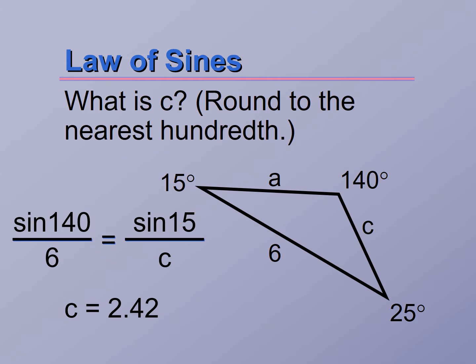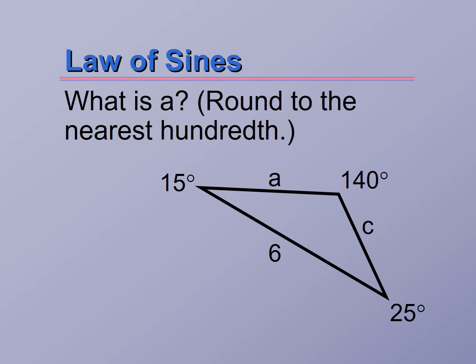And then we'll divide both sides by sine 140. So that means c would be equal to 6 times sine 15 divided by sine 140. And as long as you're in degree mode, you should get the answer 2.42 after you round to the nearest hundredth, like the instructions say.